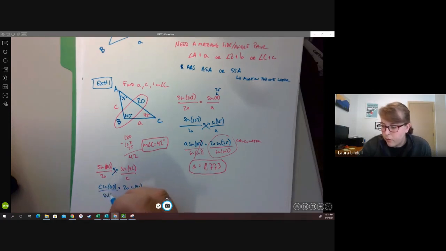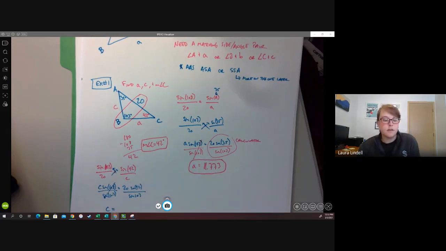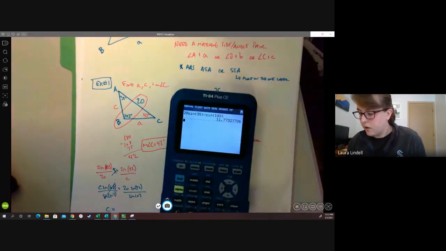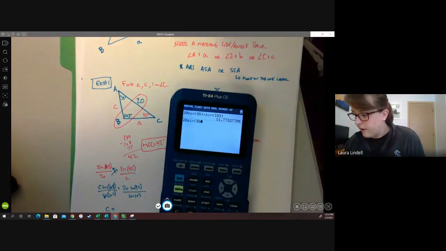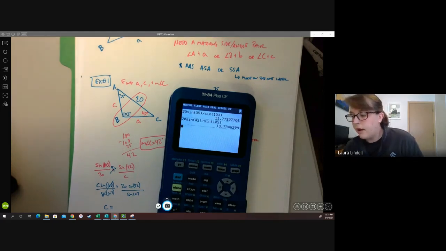Divide by sine of 103 on both sides. Toss that into a calculator. So we would go 20 sine 35 divided by, or not 35, sorry, 42 this time, sine 103. And we get 13.735 approximately.